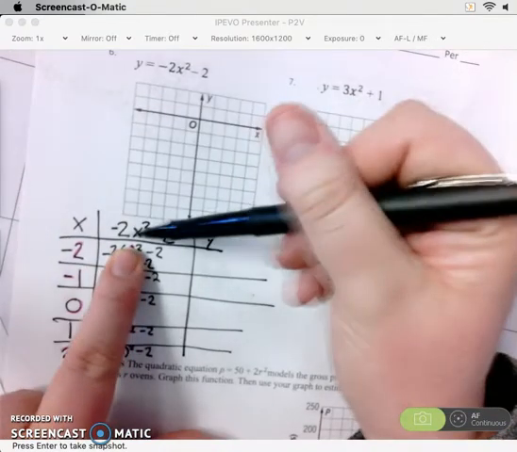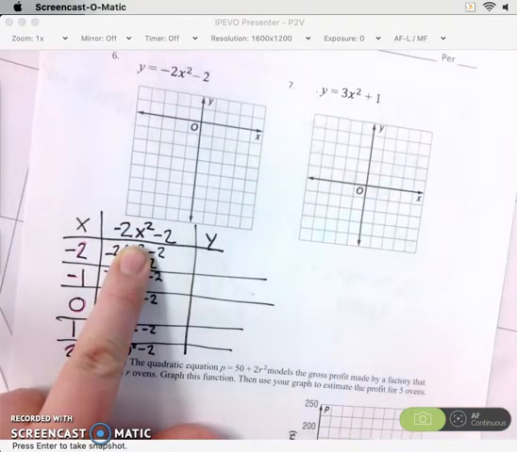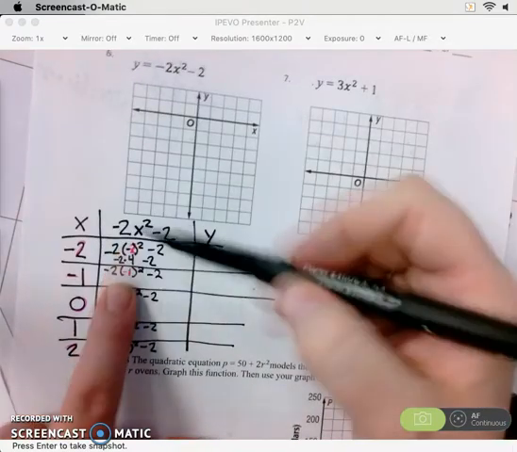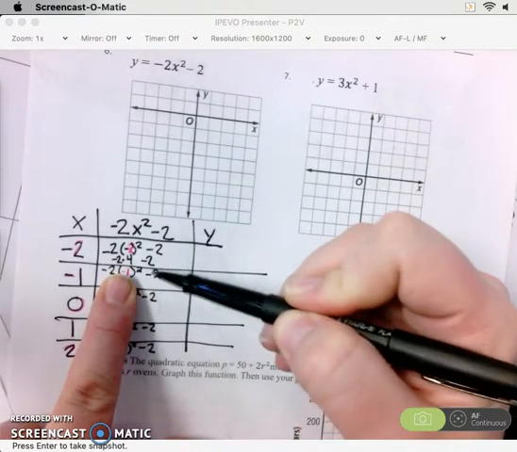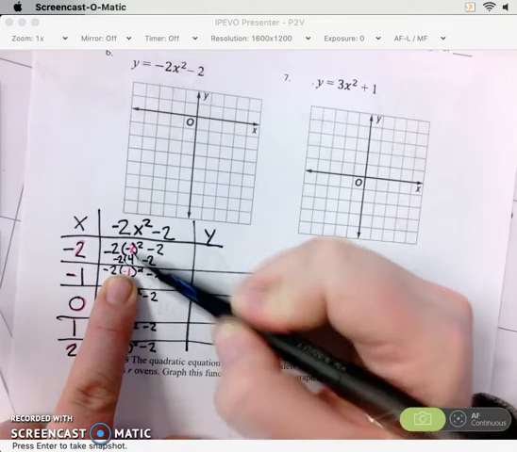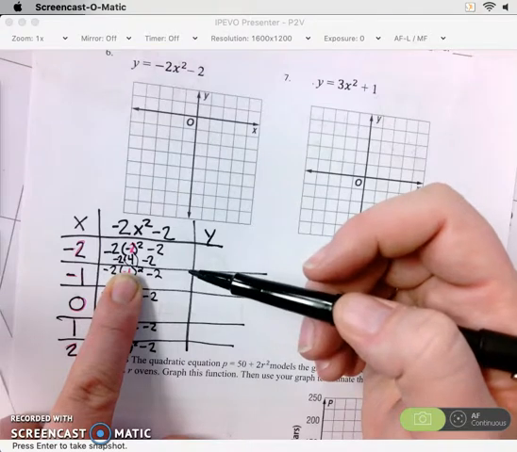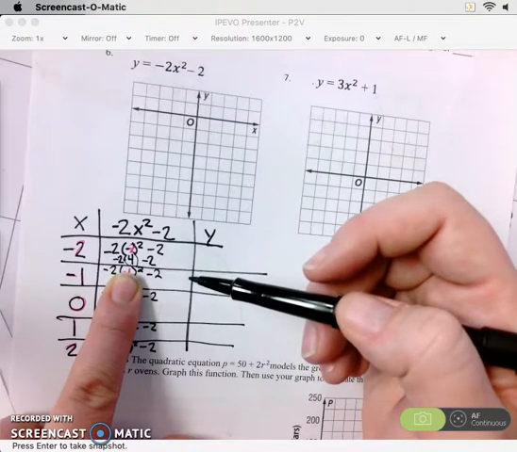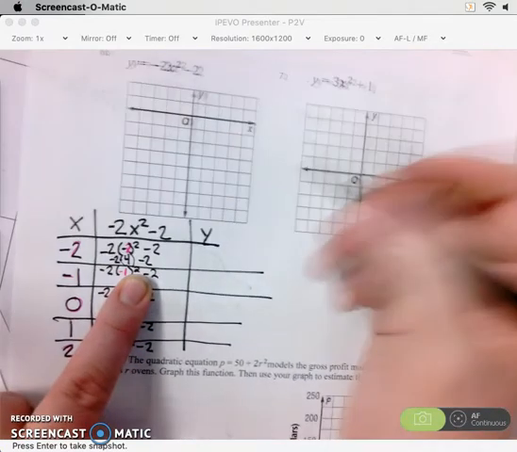When I have these next to each other, -2 is being multiplied by whatever x is squared. So this is not -2 plus 4 minus 2. It is -2 times 4. So -2 times 4 is -8, and then minus 2, you get a -10.